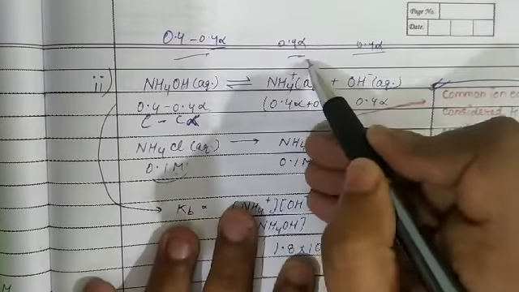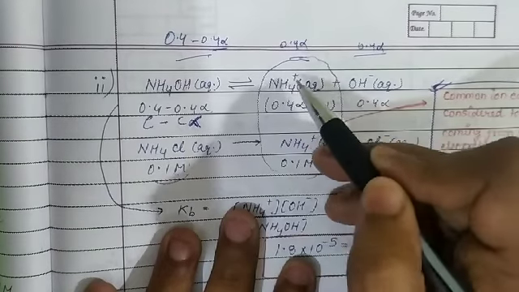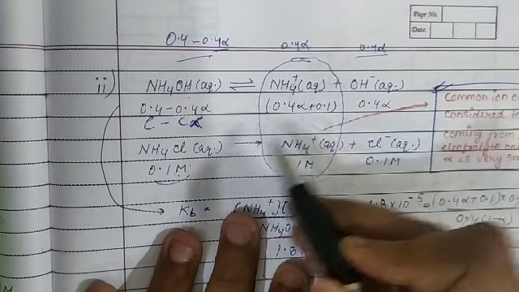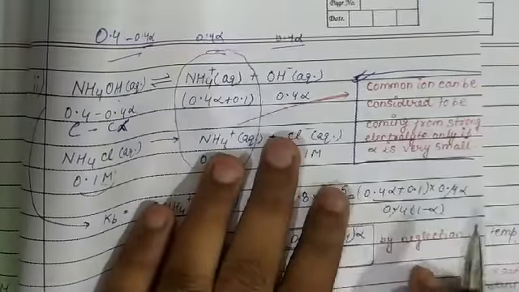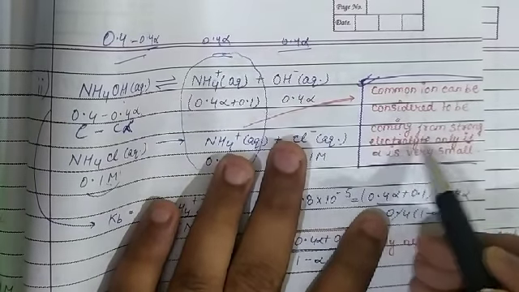Now the solution contains two sources of NH4+ ion: one from the weak base and one from the strong electrolyte. The common ion can be considered to be coming from the strong electrolyte.